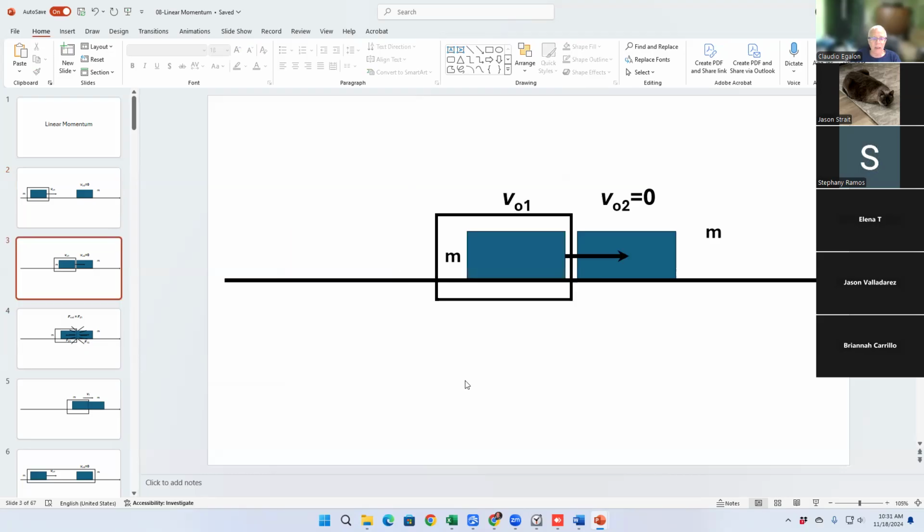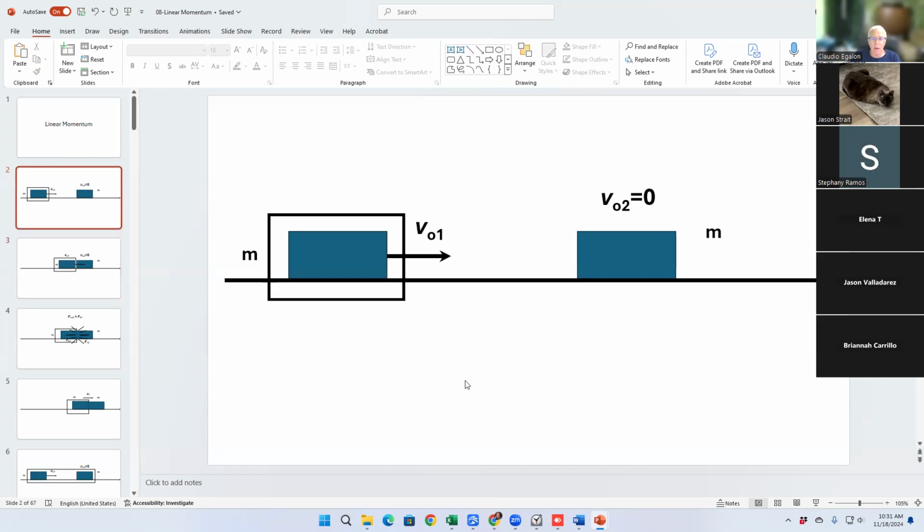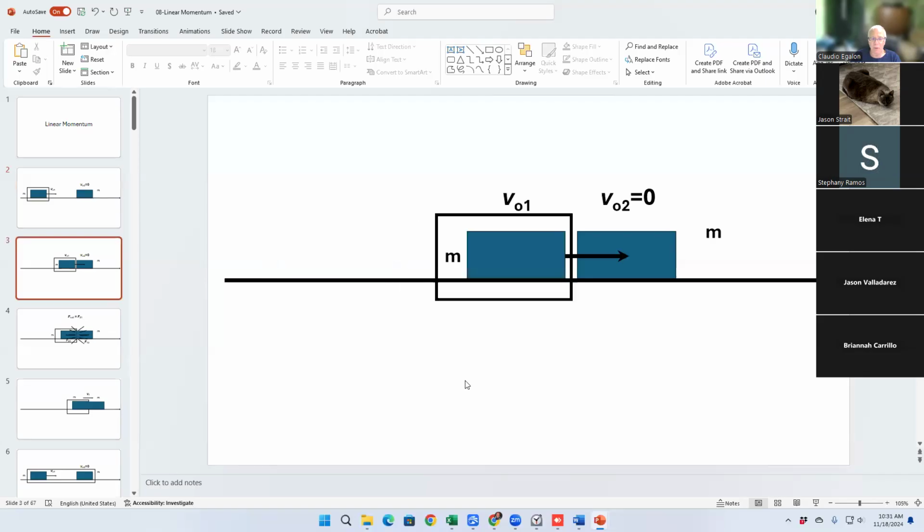Between this instant and this instant right in here, my system is subjected to a net force equal to zero because it's sliding over a frictionless surface. Okay?